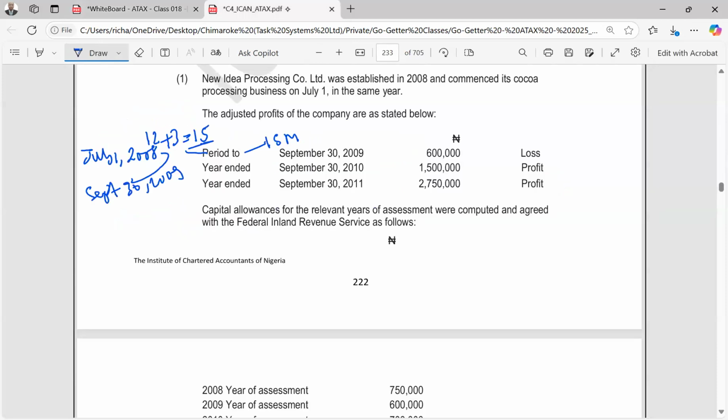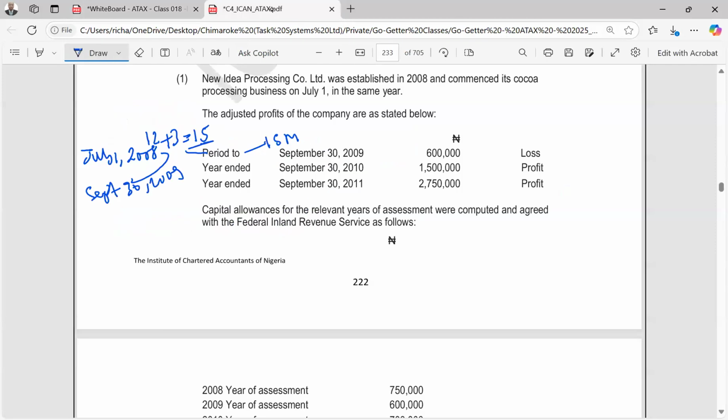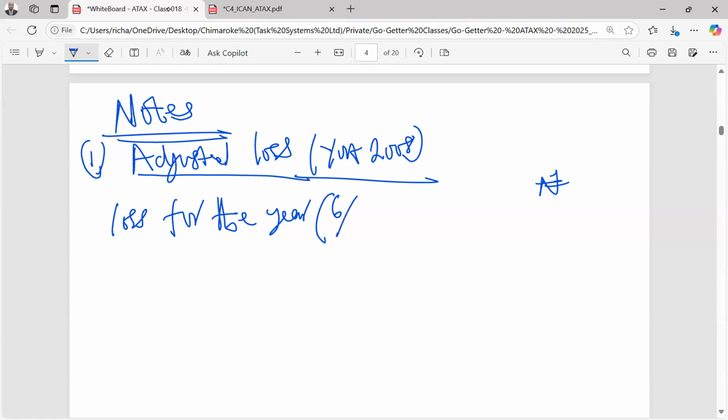How much was given? This is 600,000. And how many months between July to December? Because this is the 2008 year of assessment, it starts from July 1 to December. That's a 6 months period. So loss for the year is simply 6 months, which this basis period covers, out of 15 months, and we have 600,000 here. Divided by 15 times 600,000.